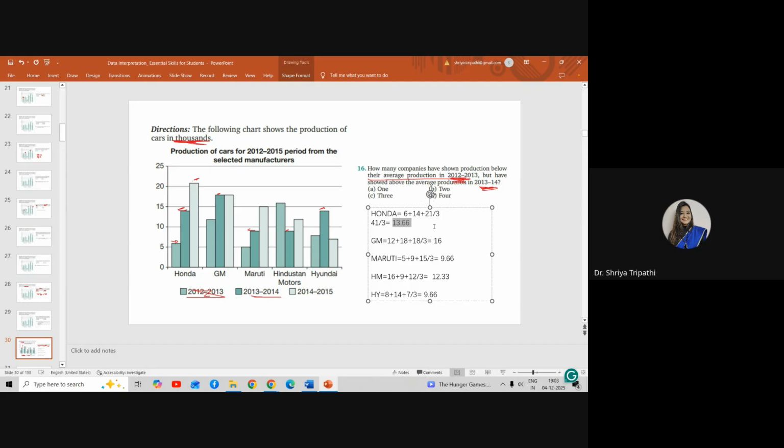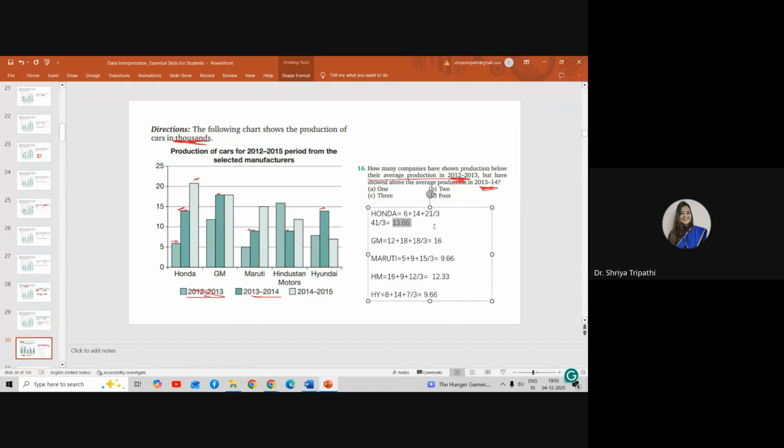How many companies are there? Three companies are above average.